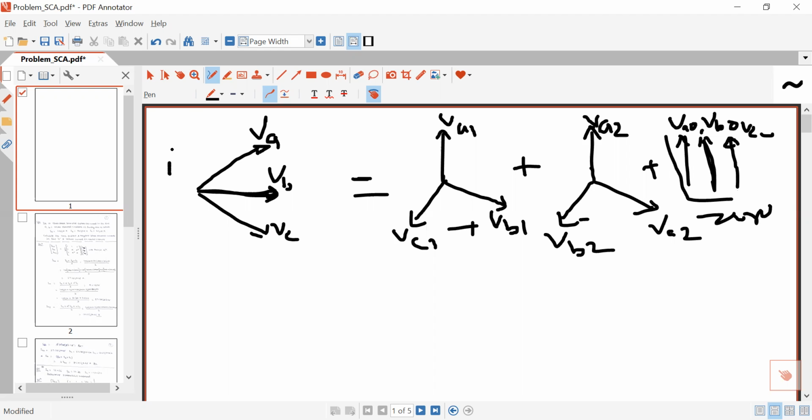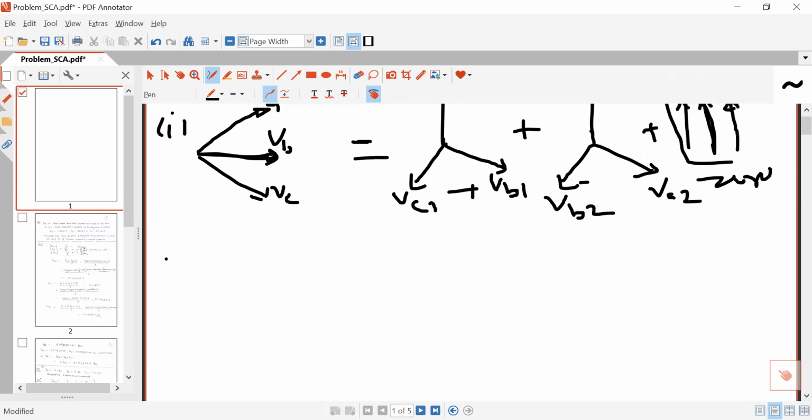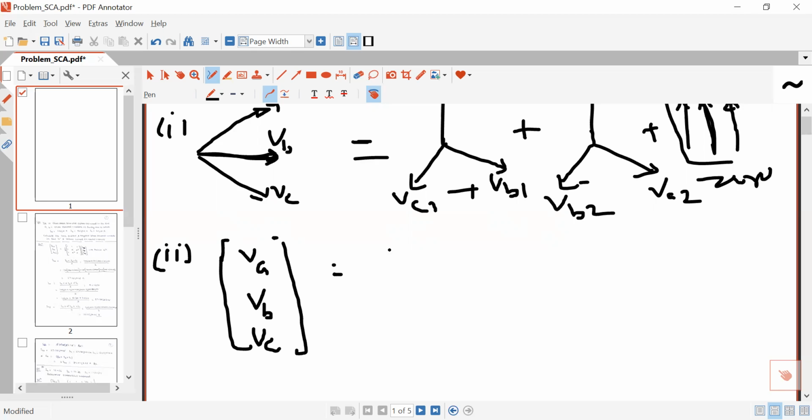Second, I have discussed the synthesis equation and analysis equation. If you have to determine the unbalanced phasor through sequence components, then you have to use the synthesis equation. This matrix is called the transformation matrix.